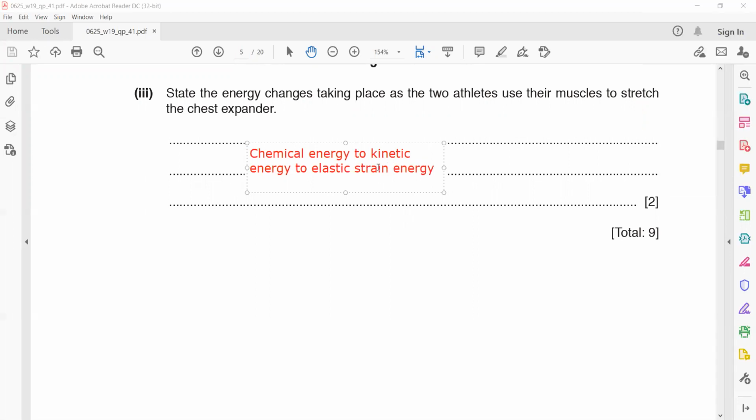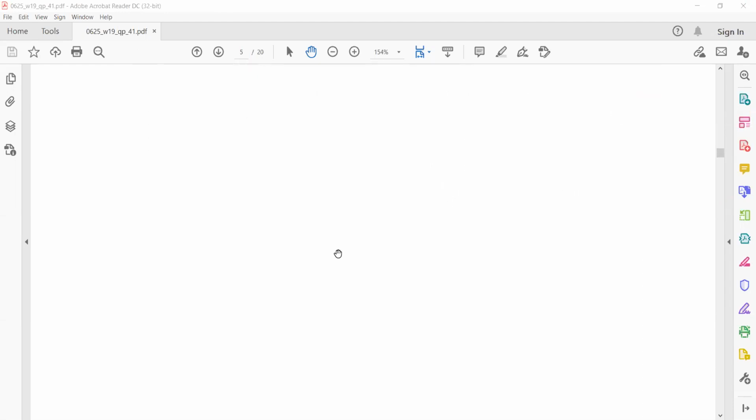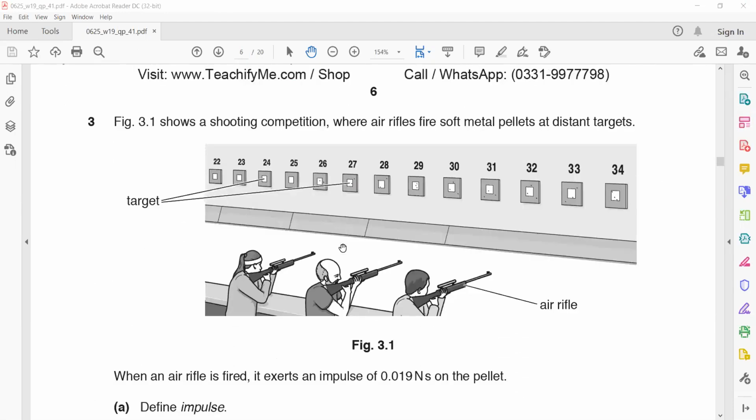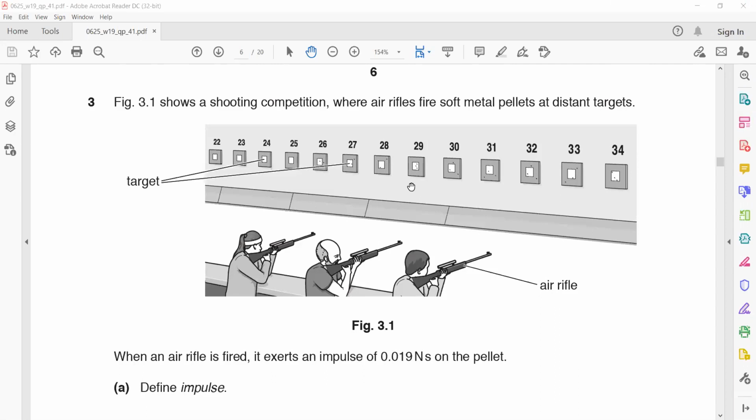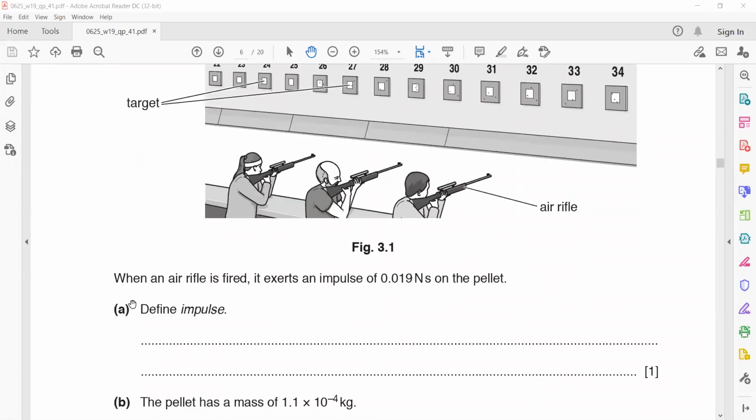Question 3. Figure 3.1 shows a shooting competition where air rifles fire soft metal pellets at a distant target. When an air rifle is fired, it exerts an impulse, which means a change in momentum, of 0.019 on the pellet. Define the term impulse.